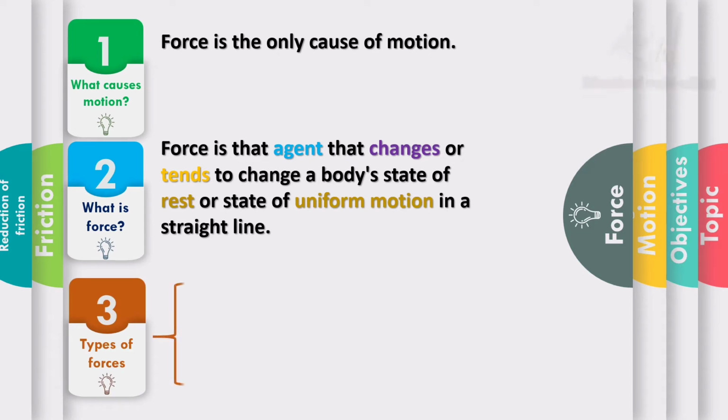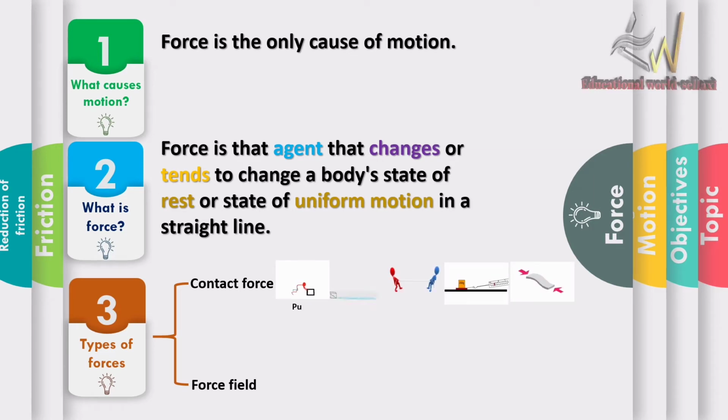Types of forces. We have two main class and type of force. We have the contact force and the force field. Contact forces are those forces that require contact with the body to which it is applied. We have push, we have pull, we have tension, we have friction, and compression.